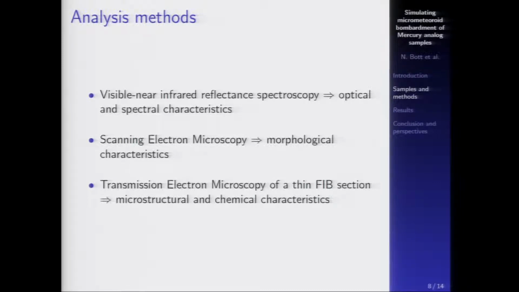Then we did scanning electron microscopy to look at the morphological characteristics, and we ended with FIB sections, which are electron transparent, to look with transmission electron microscopy at the microstructural and chemical characteristics of the samples.